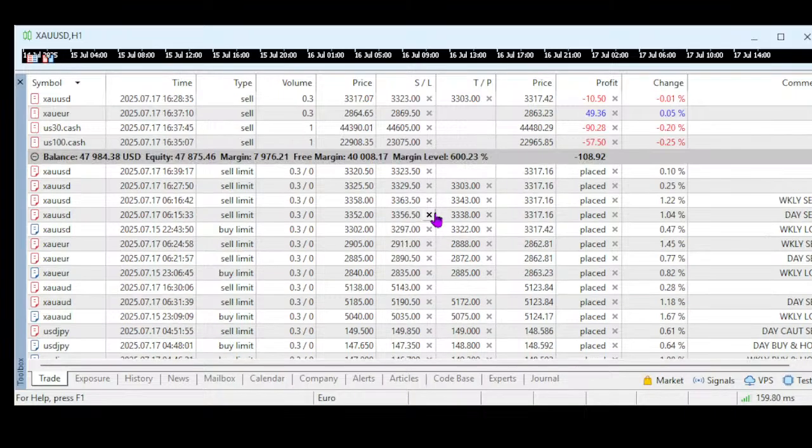So let's see whether we are right. Okay, so far we have opened 4 trades.